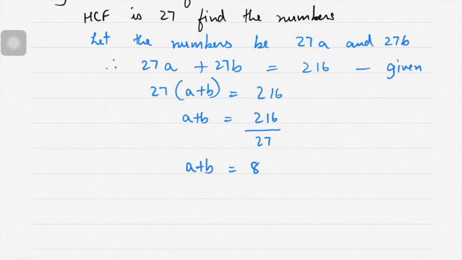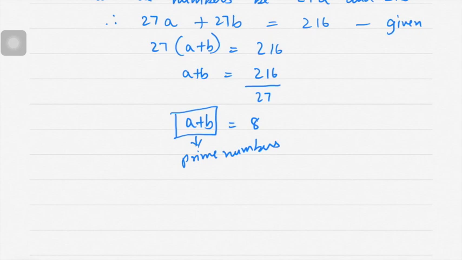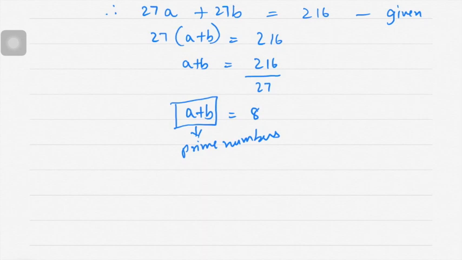Correct? That means A and B should be co-prime numbers. So you want two numbers which are prime, but when you add them, it becomes 8. Okay. So let's see all the numbers.